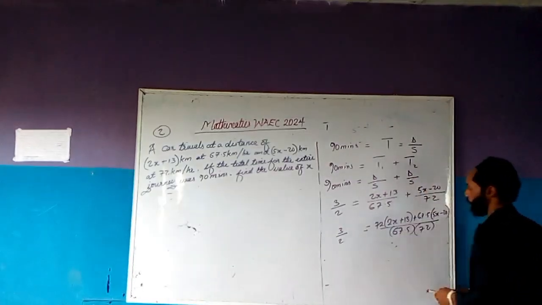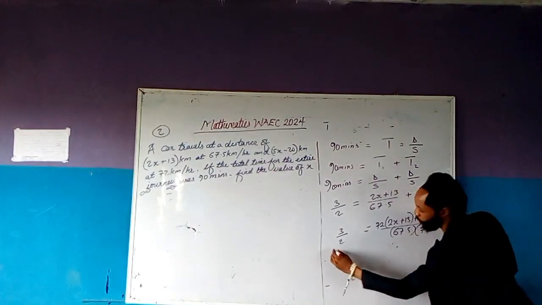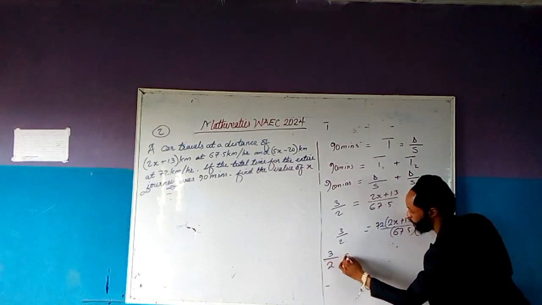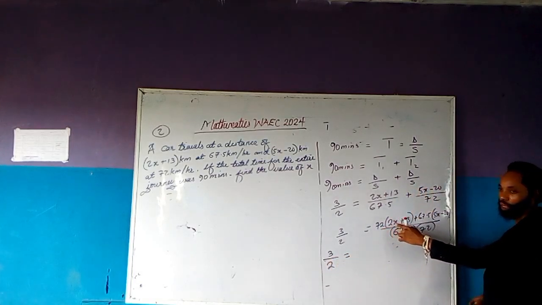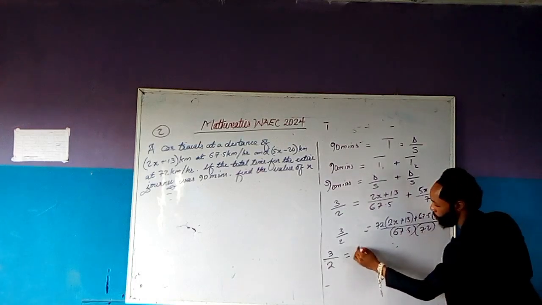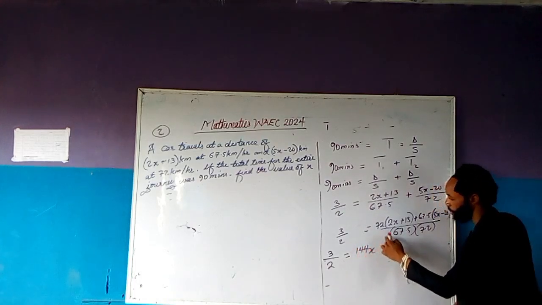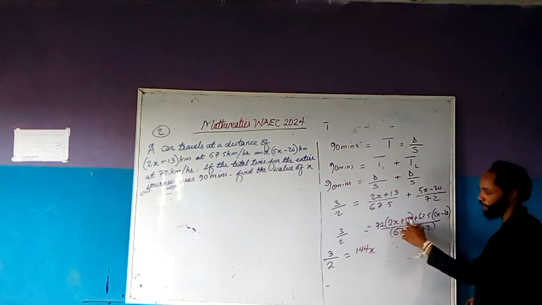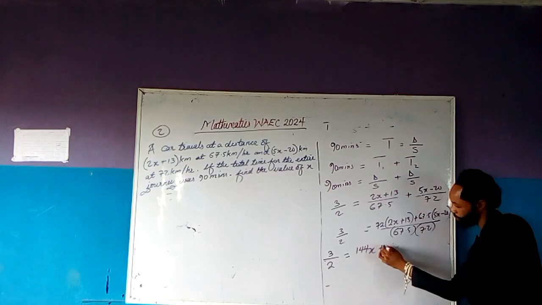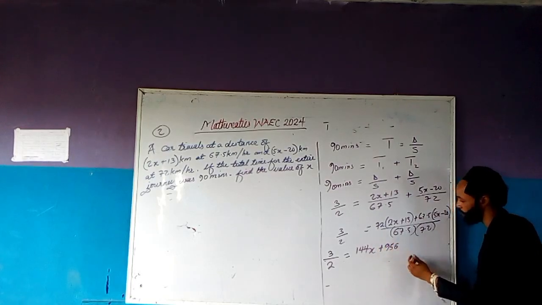Alright, so we want to open the bracket. We have 3 over 2 equals 72 times 2x, 144x, plus 72 times 13, 936. We have that.